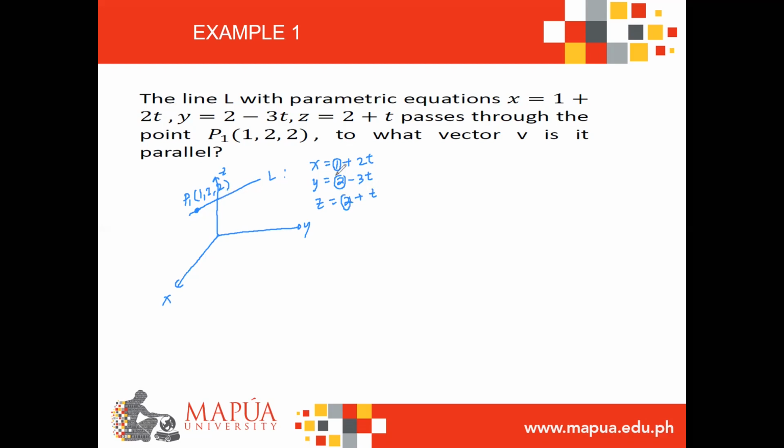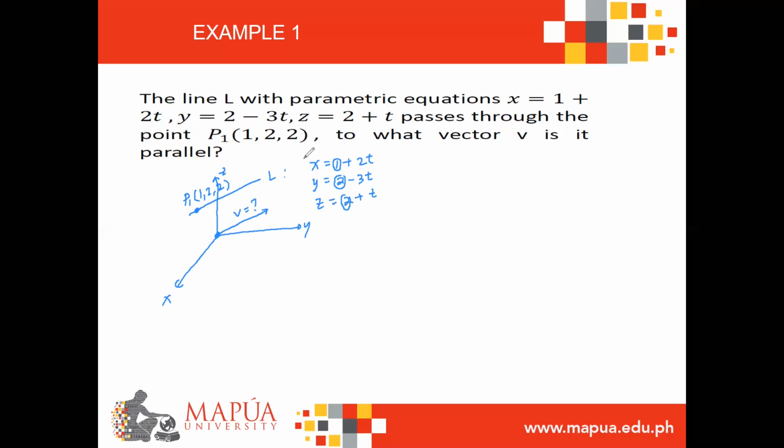So with that, we can now also define the vector v to whom your line L is parallel. And this vector v can be drawn from the initial point. So this is our vector v, and we will define its components.